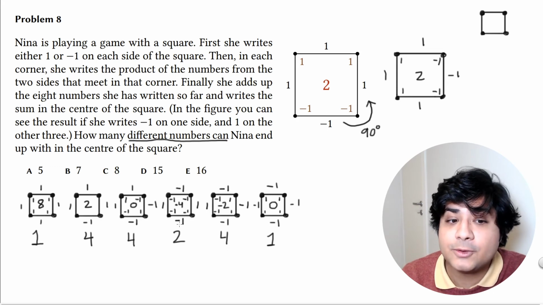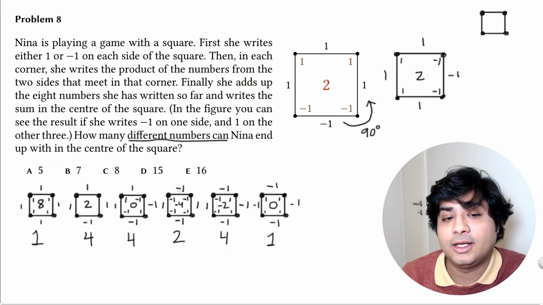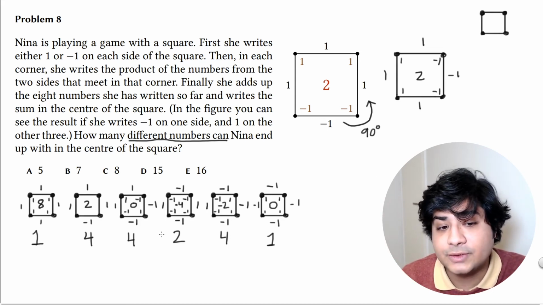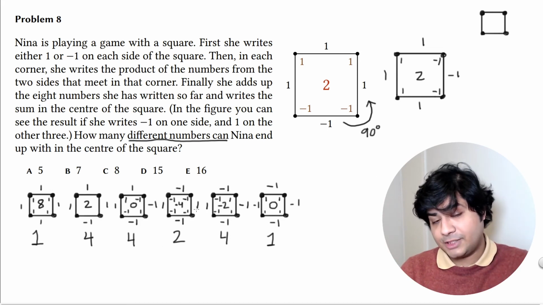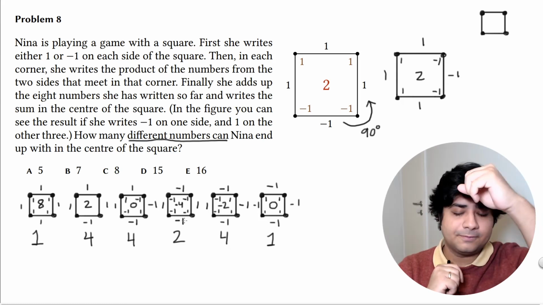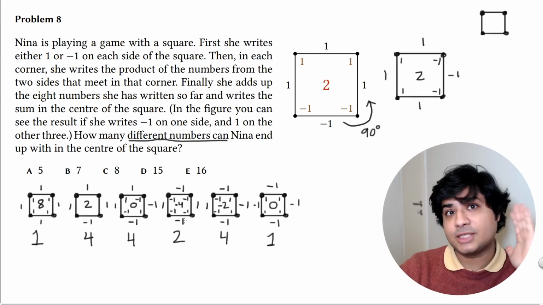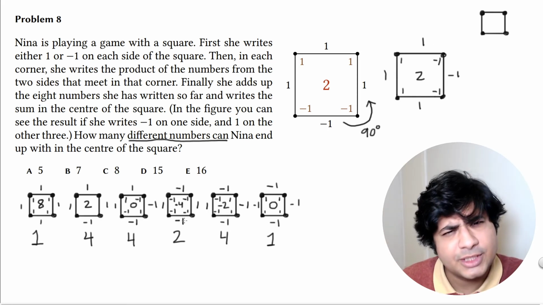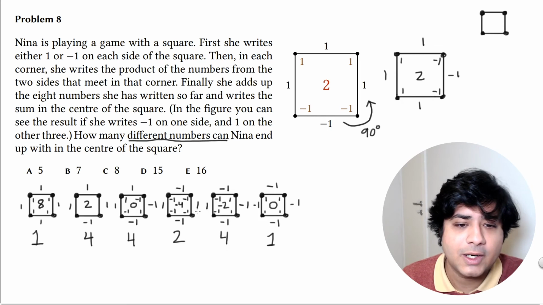And there's another way of having a negative and a negative, which is having it opposite to each other. And we found out that there's only 2 of those. Now what's interesting here is that if you have a negative and a negative opposite of each other, you have to have a positive and positive opposite of each other too. So we don't need to count those in addition. Those are already counted in.